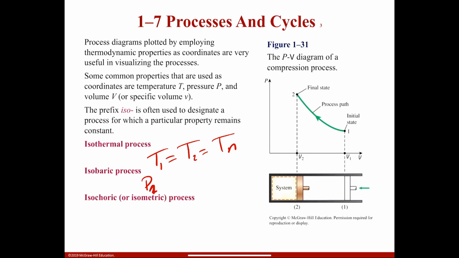Pressure 1 equals pressure 2 equals pressure n. An isochoric process is pretty much constant specific volume. So specific volume 1 equals specific volume 2, and then equals specific volume n. So isothermal, isobaric, and isochoric are pretty much constant temperature, pressure, and volume.